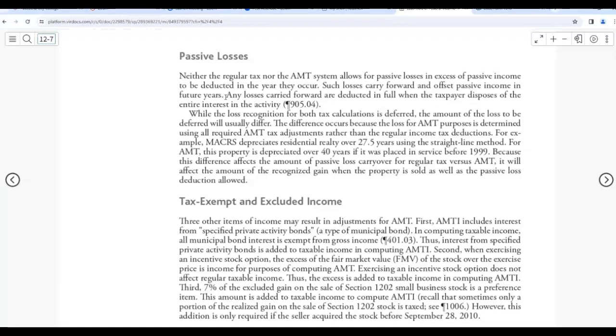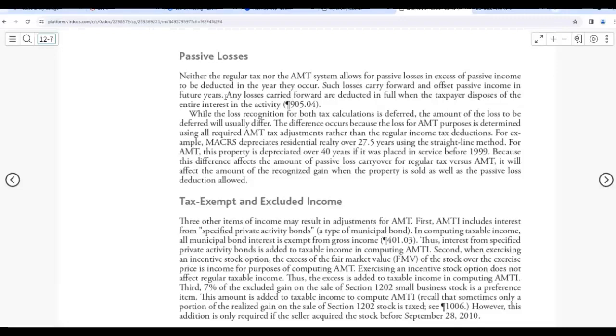But then I realized that my software is still remembering that I have passive carry forward loss. So based on that, my software was applying that passive carry forward loss to my passive income, and I saw that my tax went down a lot, and I was so happy, right?